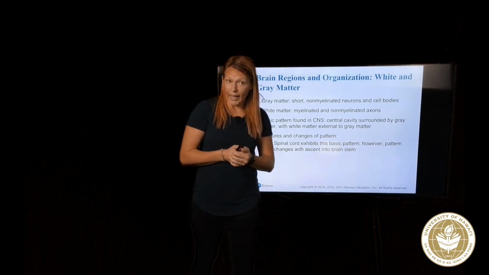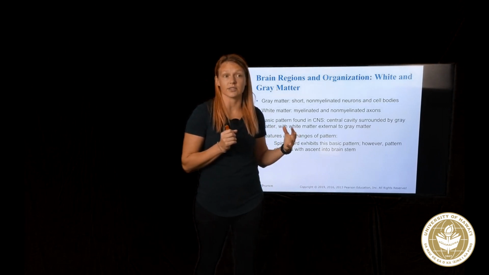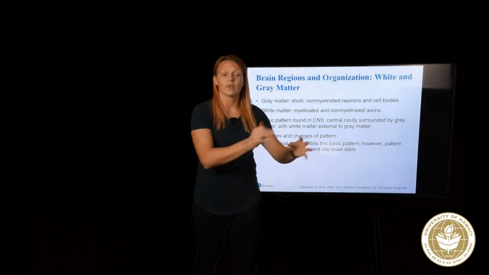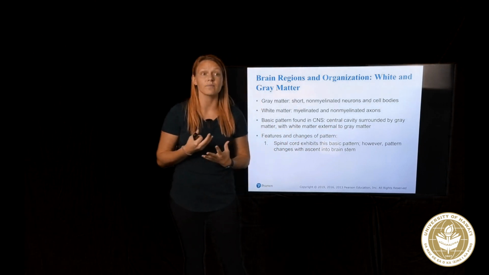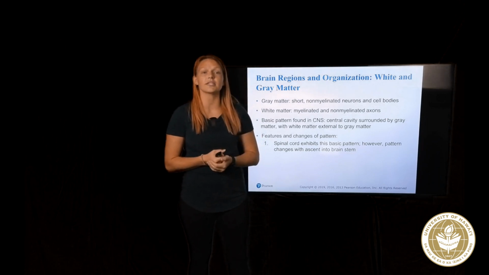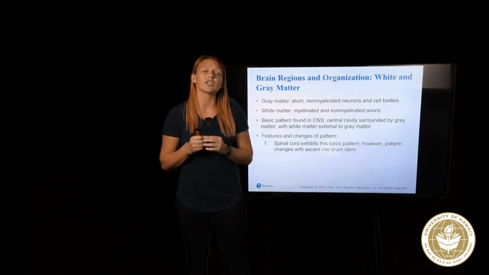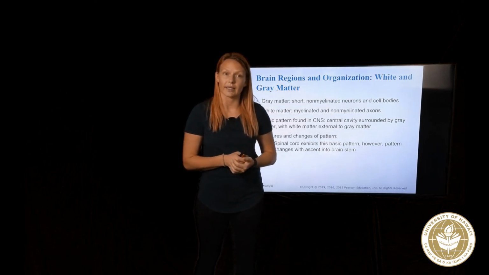Whereas with the white matter, the axons can travel really long distances, right? Because they're able to do that conduction where they're jumping from node to node with that myelin there. Their axons are going to be myelinated most of the time, unless that white matter is just going a really short distance, then it's usually not going to be myelinated.